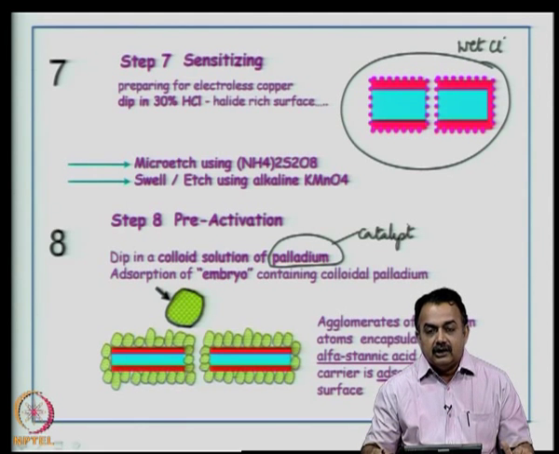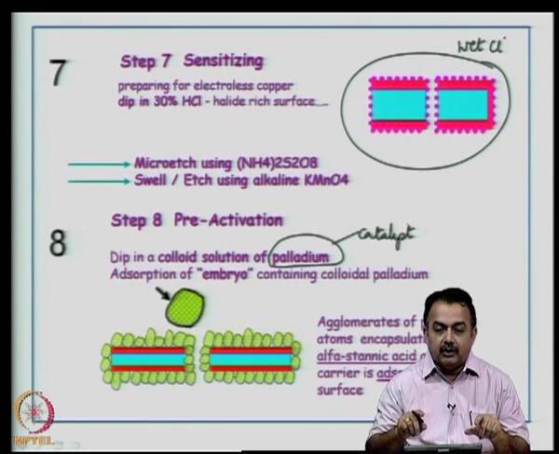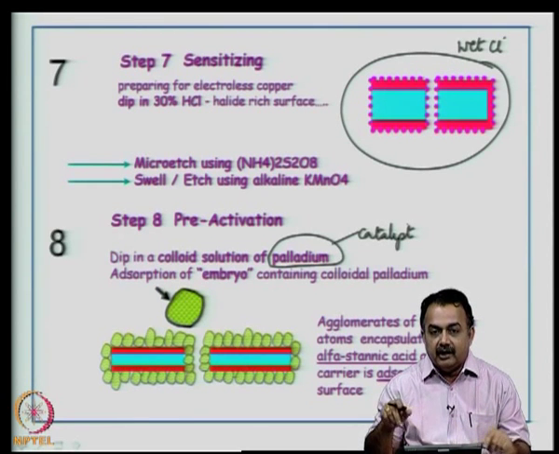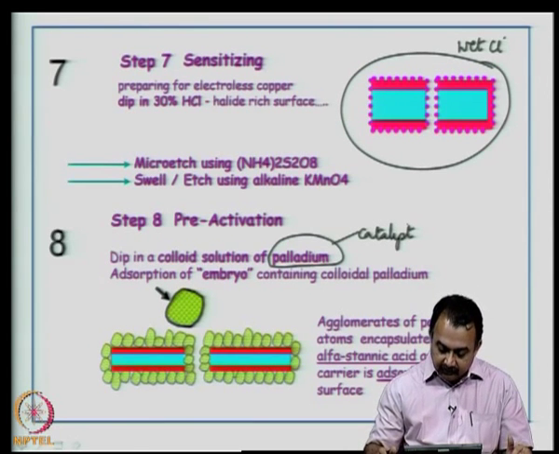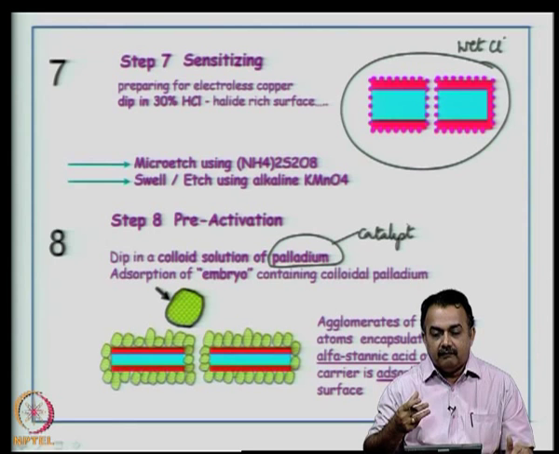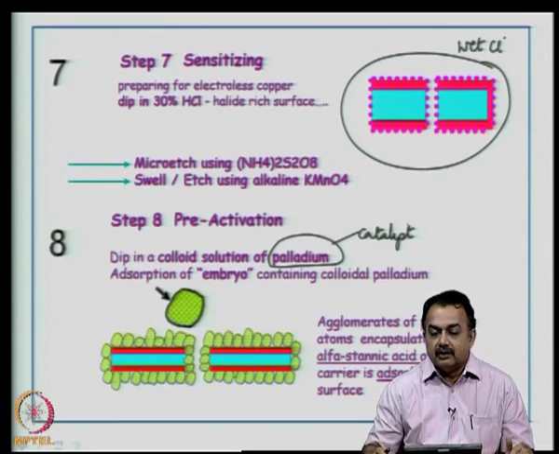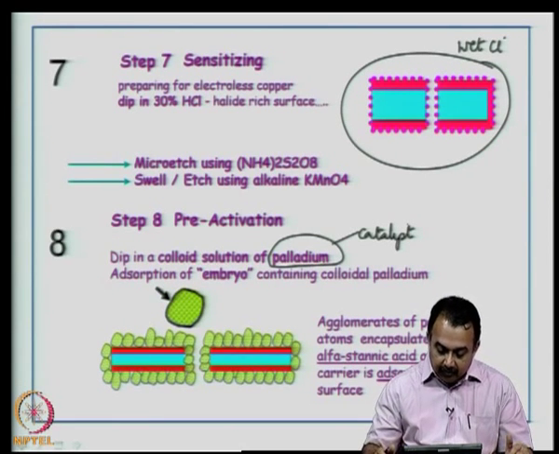Since electroless is a process where we do not use external DC, compared to an electrochemical cell where we apply external DC and then there is a cathodic and anodic reaction, here we are going to catalyze the surface with palladium and use the adsorption property of palladium to attract copper ions from a copper 2+ solution, and thereby make the surface conductive. So, this is the essential process of electroless copper plating.